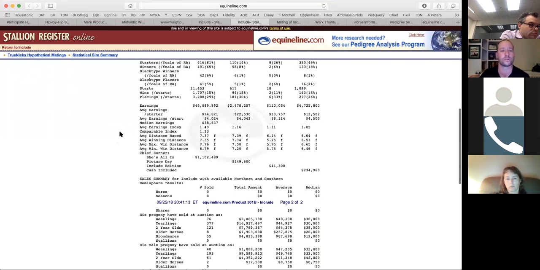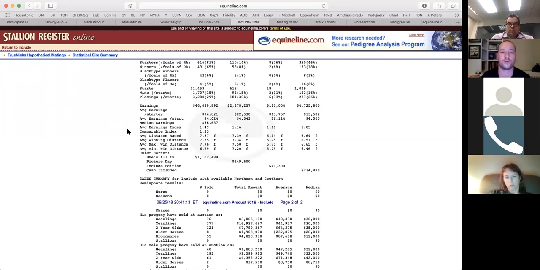One other statistic that I find very useful is this average earnings index and the comparable index. Those are more means of trying to rank horses. I find them more useful than the earnings tables. What the average earnings index does is it takes every horse that has made a start in a year and it puts the average earnings for all of those horses at 1.00.